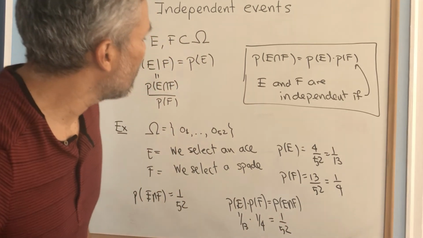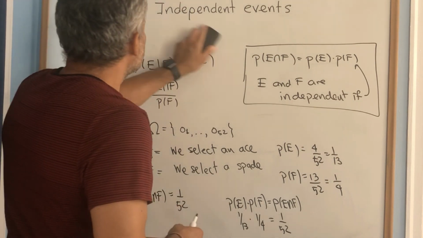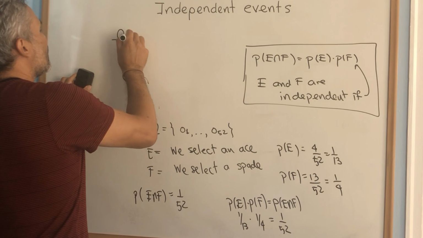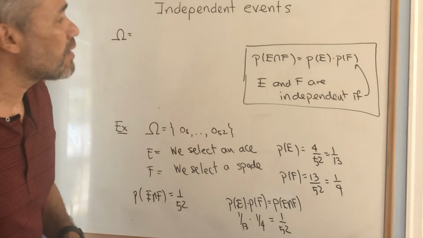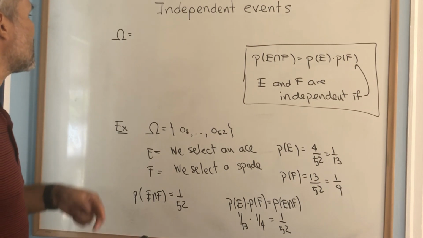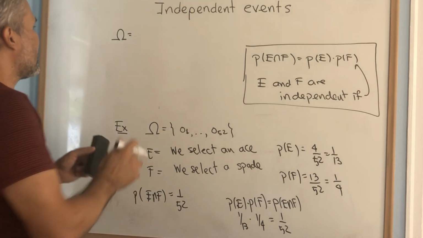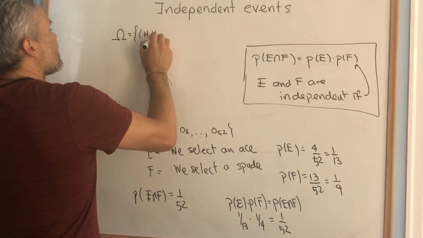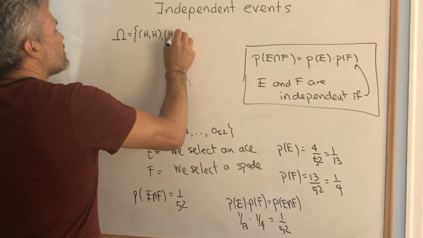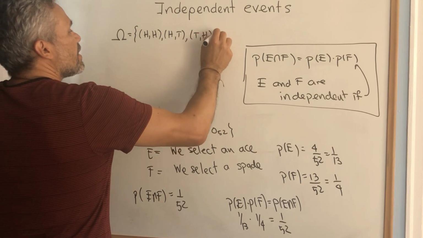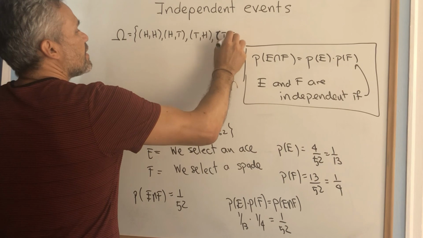Another example of independent events is the following. Let's consider omega, modeling the experiment that we are tossing a coin 2 times. And let's suppose that all 4 outcomes are equally likely. Then this sample space is head, head; head, tail; tail, head; and tail, tail.